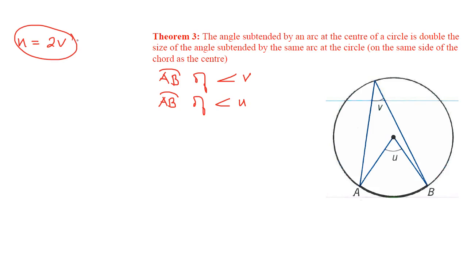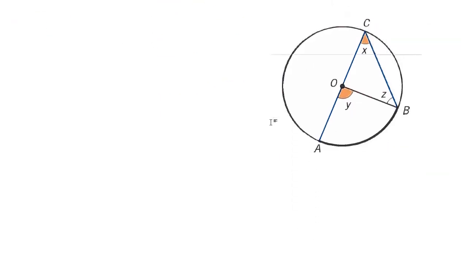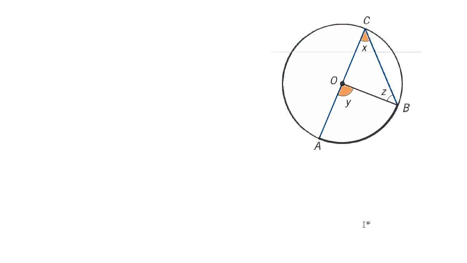And then let's prove that. I will prove that y is equal to 2x. According to theorem number 3, the arc AB is the arc of angle y, the central angle y, and the same is true with AB.